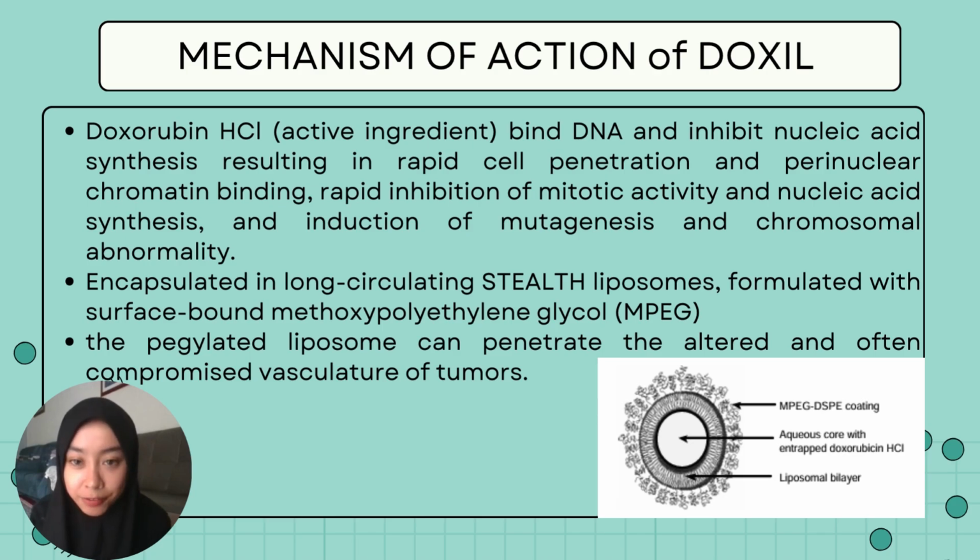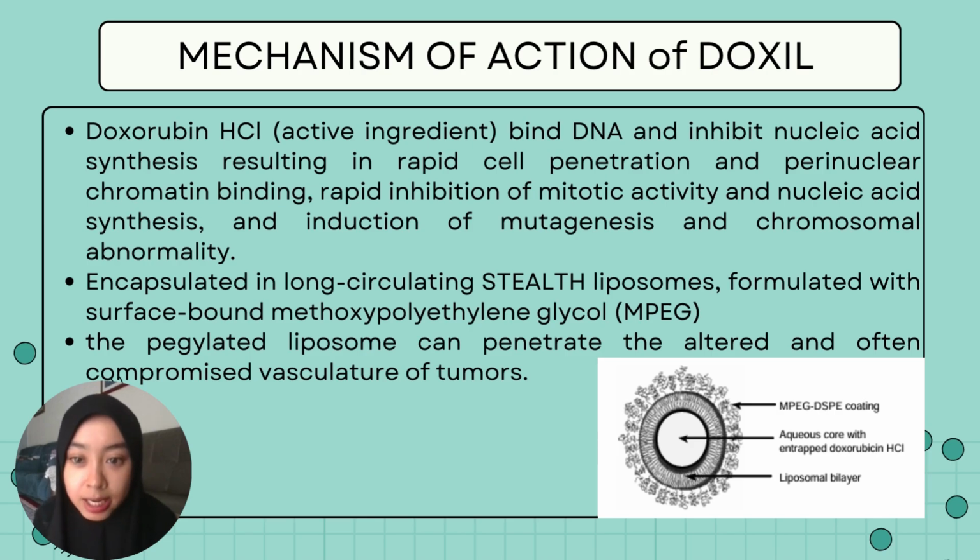This is the mechanism of action of Doxil, the medicine that I chose for this assignment. Doxorubicin HCl, which is the active ingredient, binds to DNA and inhibits nucleic acid synthesis, resulting in rapid cell penetration and perinuclear chromatin binding, rapid inhibition of mitotic activity and nucleic acid synthesis, and induction of mutagenesis and chromosomal abnormality.